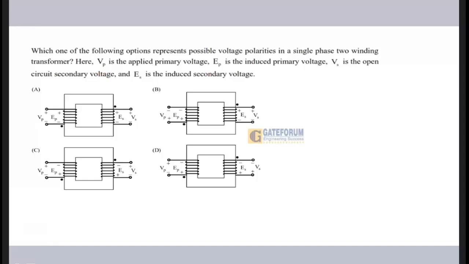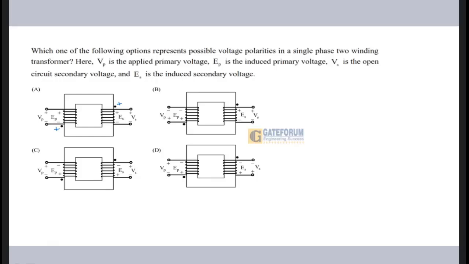Now if you see here in the diagram, this Ep is given here. Wherever dots are given, that is considered to be positive. So if I am assuming positive here, then I have to assume positive here.